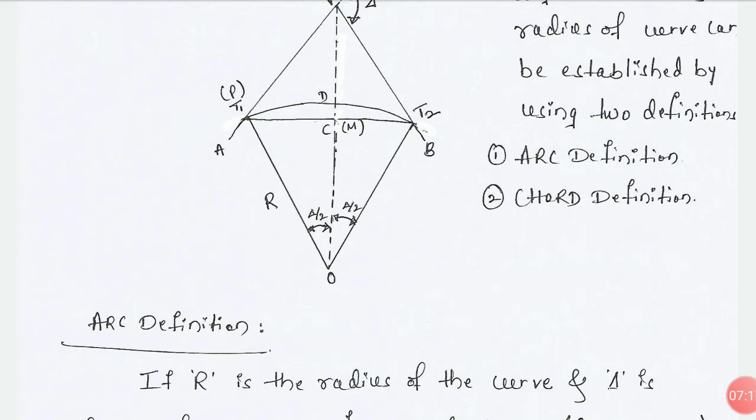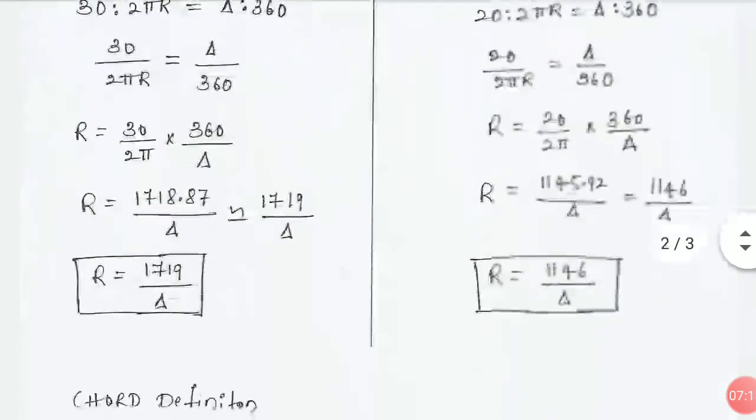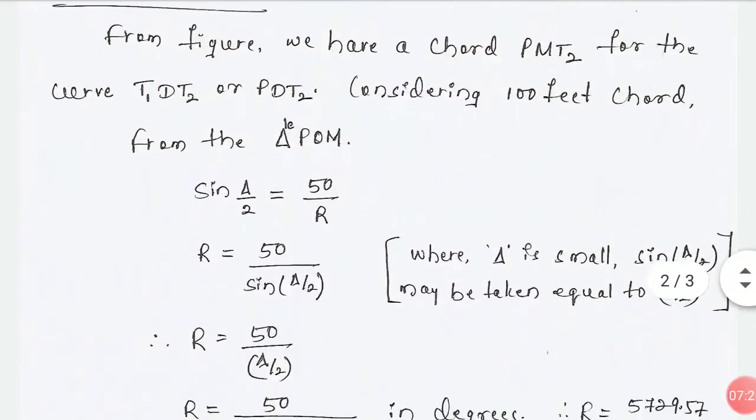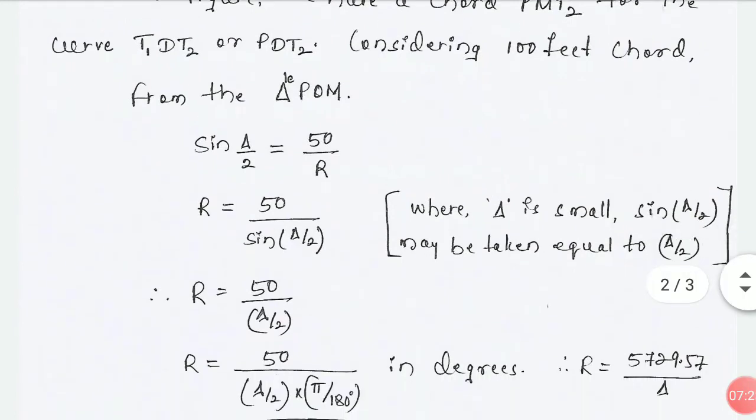From the triangle POM, sine delta by 2 is equal to 50 by r. Why is it 50? Since I am considering the length of the chord as 100 feet, half of the chord will be 50, so r will be 50 by sine delta by 2.